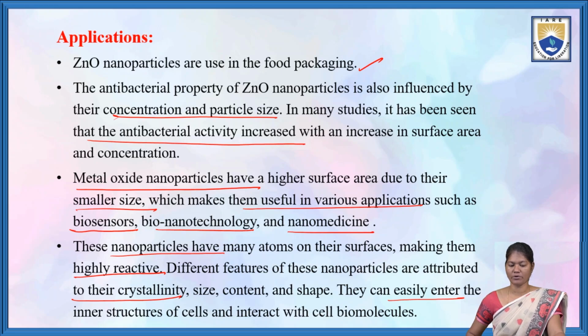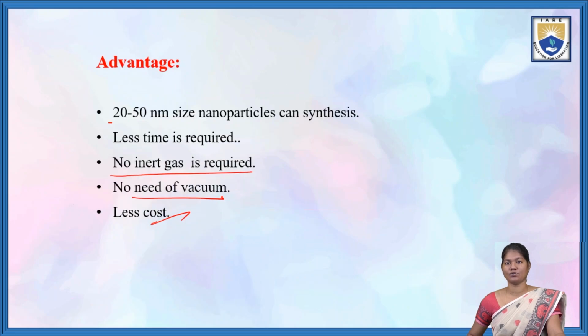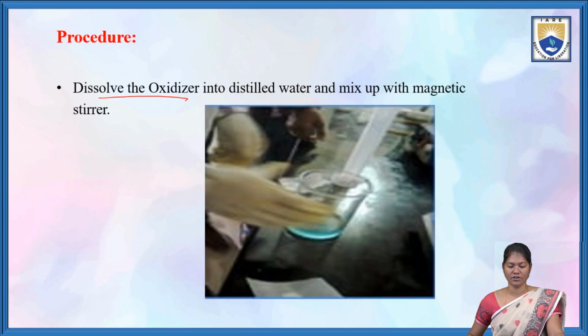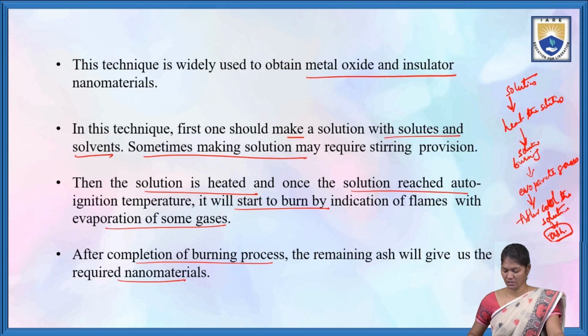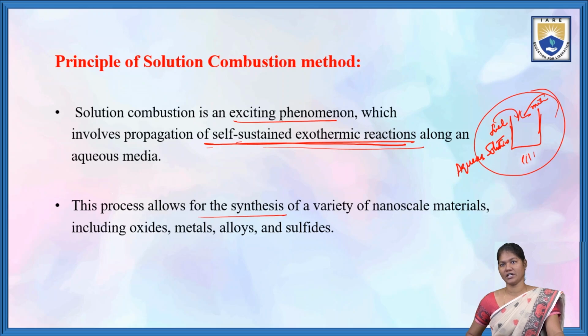So this is all about the combustion method. In this combustion method, we take aqueous solutions with some metal salts, add the fuel, and bring it to boil with an electrical heater. When it heats up to the ignition temperature, the solution starts burning.